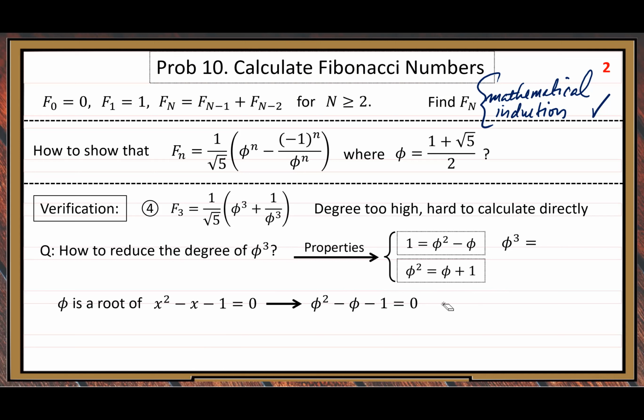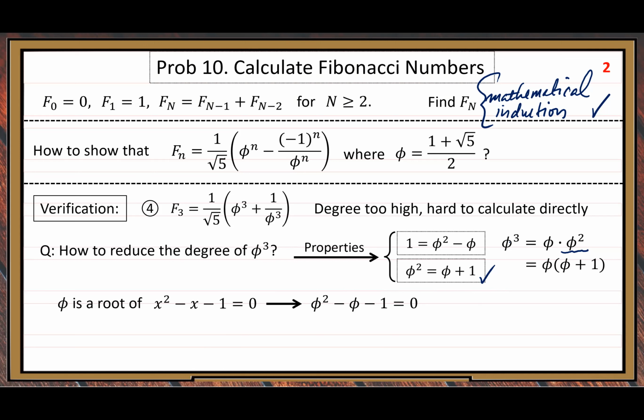All right, so let me start the simplification. Phi cube. When you see phi cube, can we break it into phi times phi squared? The reason is we want to single out that phi squared part, because after you single it out, you can apply the second property. We write it as phi times (phi plus 1).